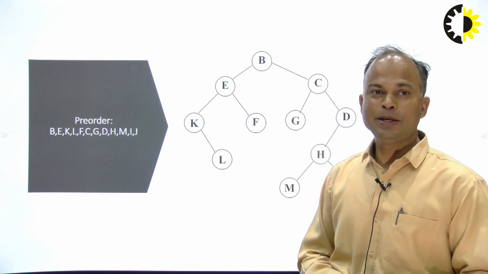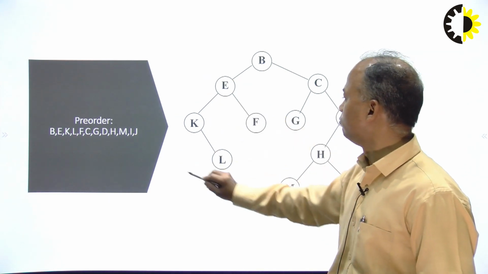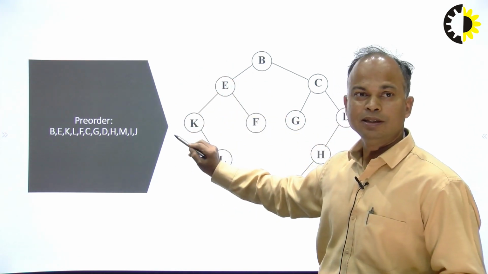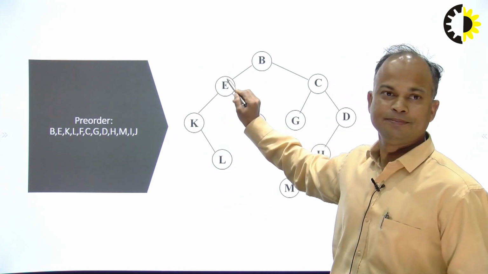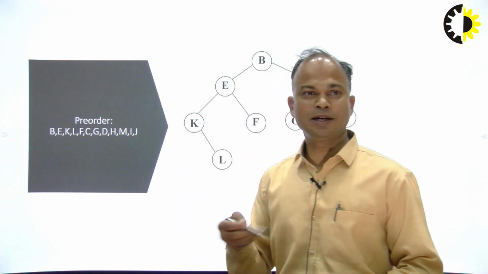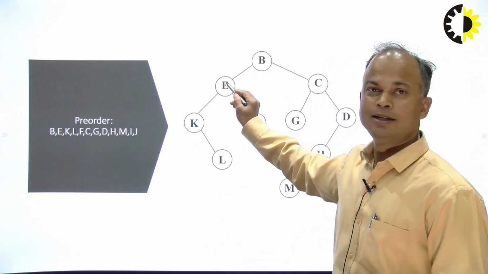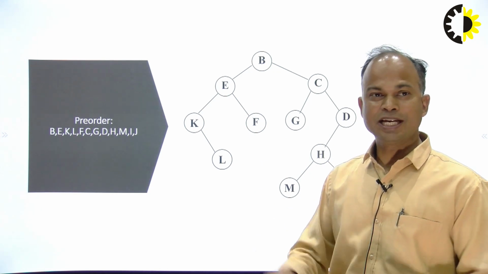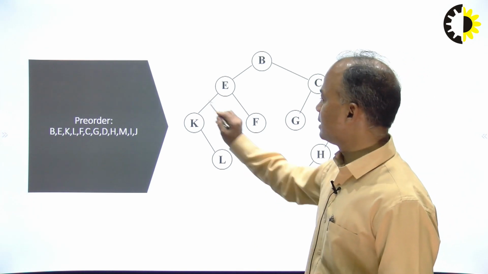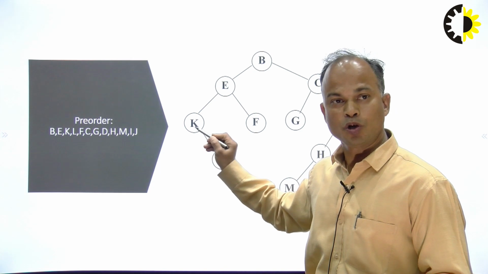After that, visit the left subtree in pre-order. This is our left subtree, and the root of the left subtree is E. Therefore, after B, we are visiting E. After visiting E, once again we have to visit the left subtree in pre-order, where K is the root of the left subtree.